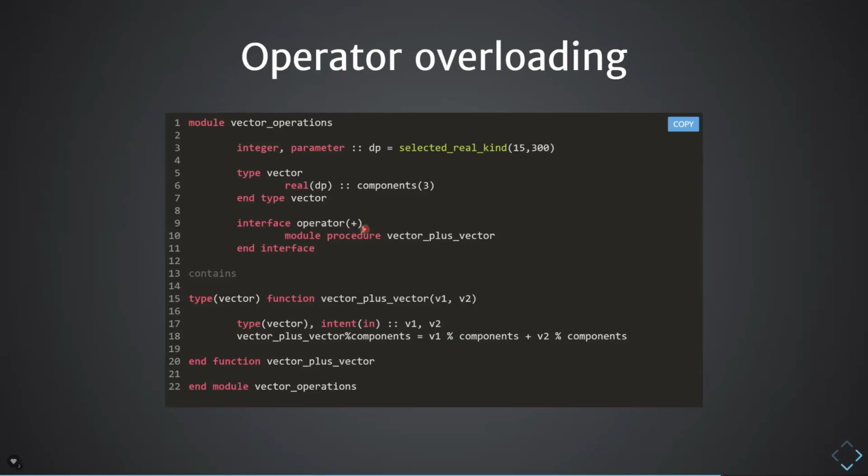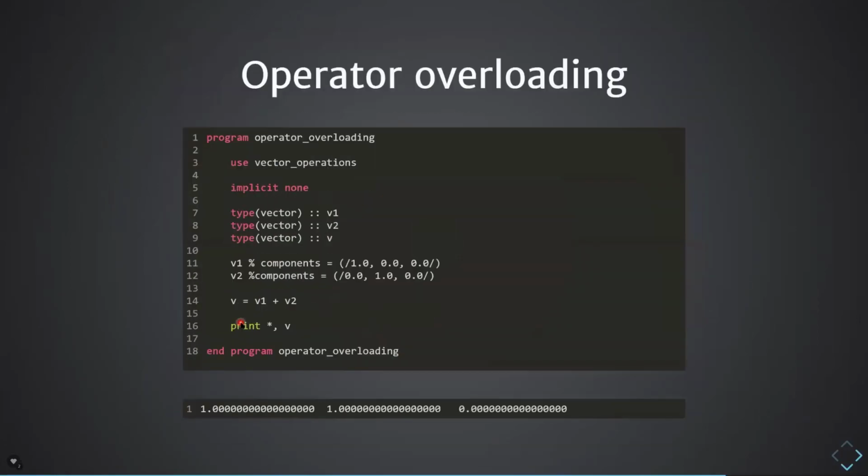So the interface operator plus, and I say that this should be implemented using the vector plus vector subroutine or function. So in this case, I have a function called type that returns a vector, and it has 2 parameters, vector 1 and vector 2, and then I add those components together and return that out from this function.